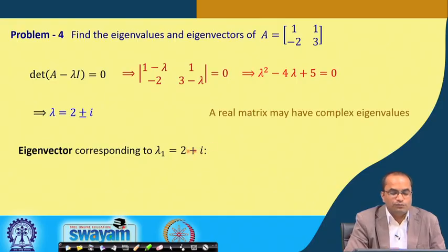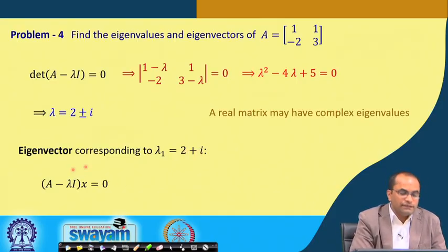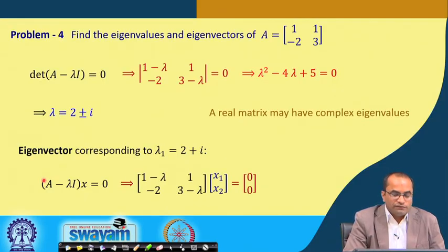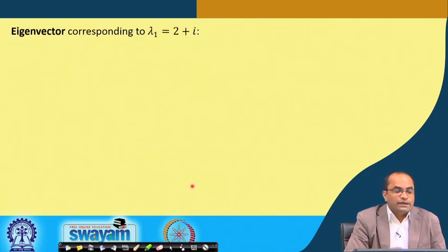So, if we take this 2 plus i and again the same system of equations, A minus lambda I times x equal to 0, we need to solve. That will be 1 minus lambda, 3 minus lambda, and x1 x2 equal to 0. Now for lambda 1, 2 plus i, we need to substitute for lambda, and what will we get?